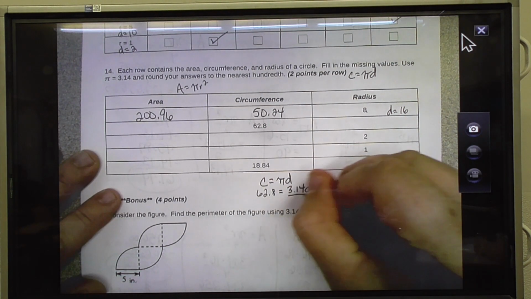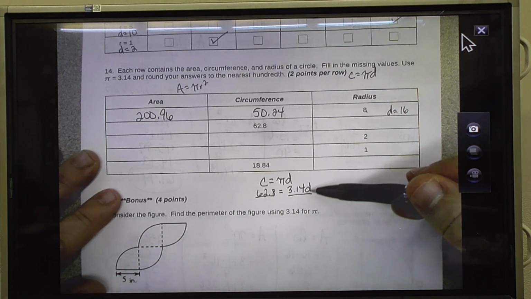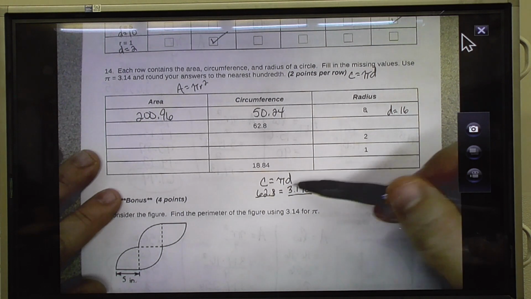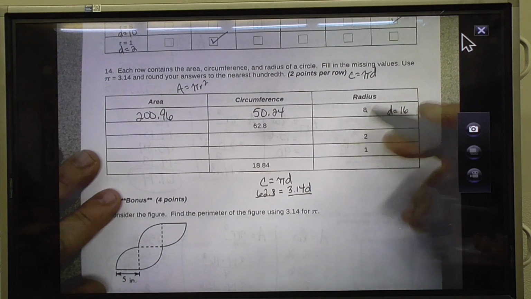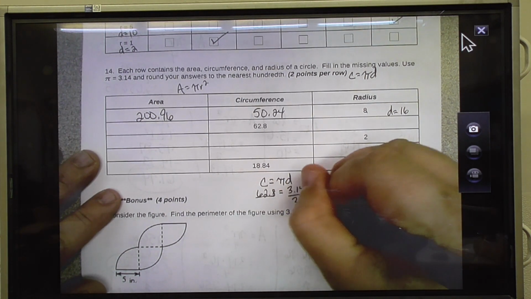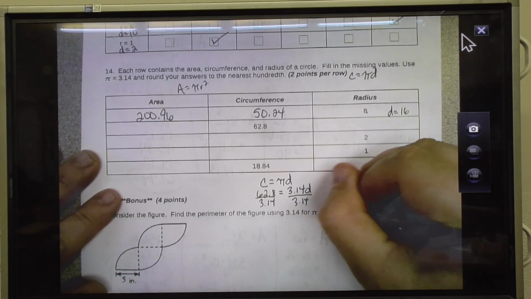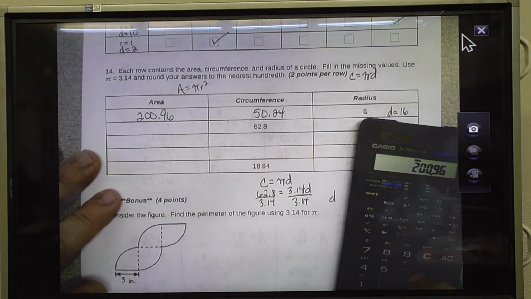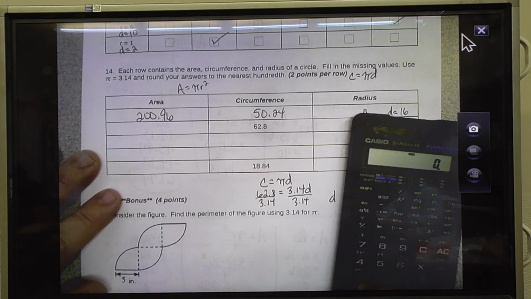Divided by what? 2. It's the only number I got with D. 3.14. I got 3.14 times D. So how do I get rid of times 3.14? I divide by 3.14 on both sides. So that means that my diameter is 62.8 divided by 3.14.